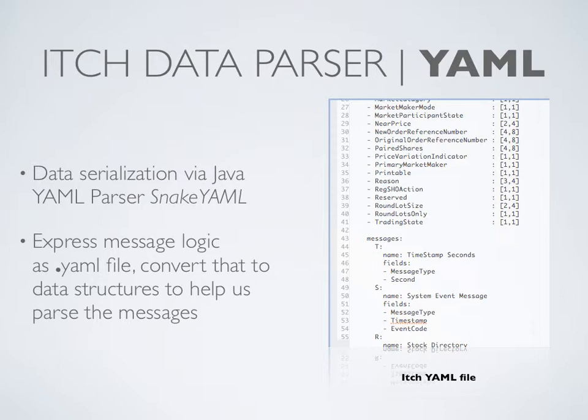Basically, you can express all of the logic about how the messages are constructed and put that into a YAML file, an example of which is in the picture there, and then convert that into a data structure to help you parse the messages.